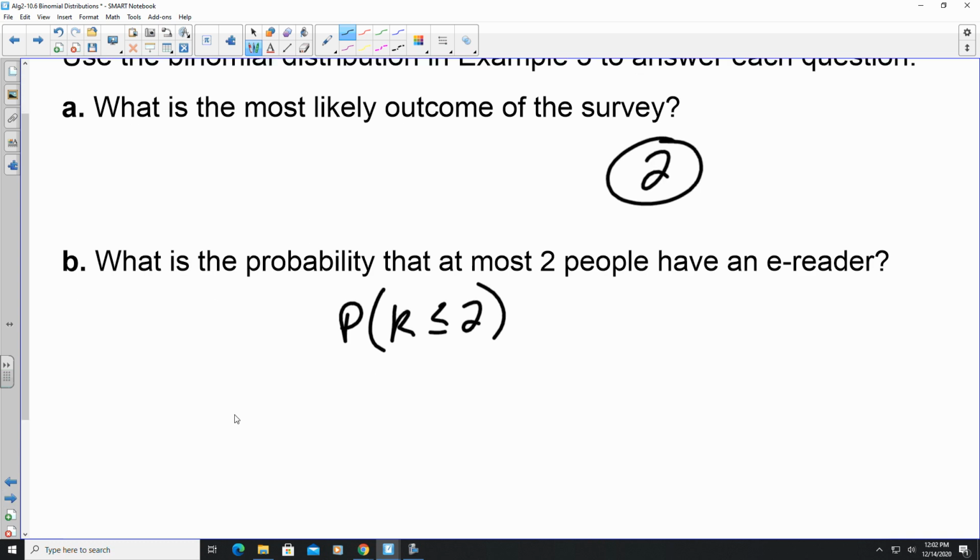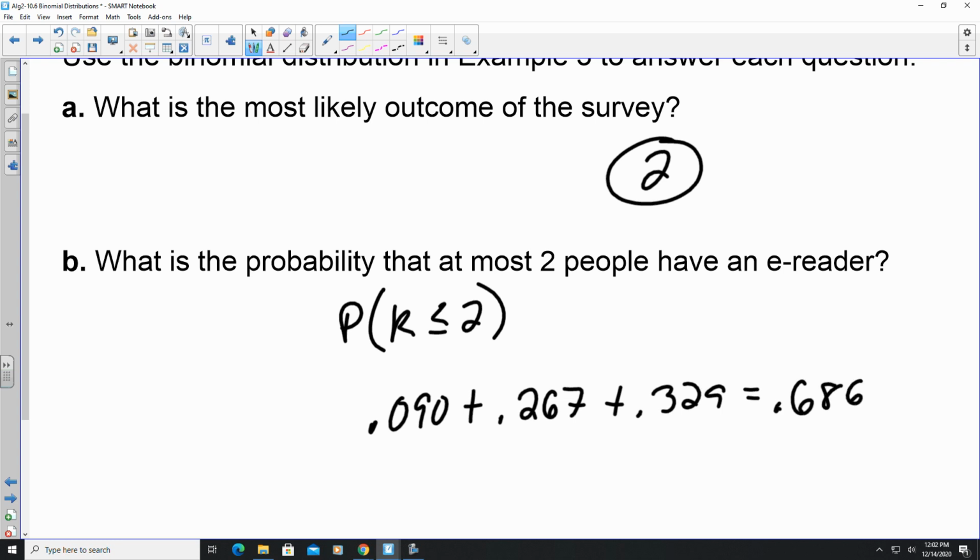So you would get 0.090, add that to 0.267, and then add that to 0.329. When you add them all together, it's 0.686, so you'd have a 68.6% chance of them being at most 2.